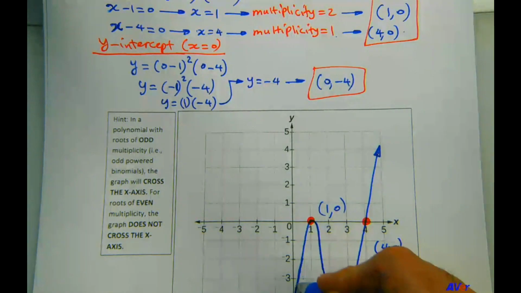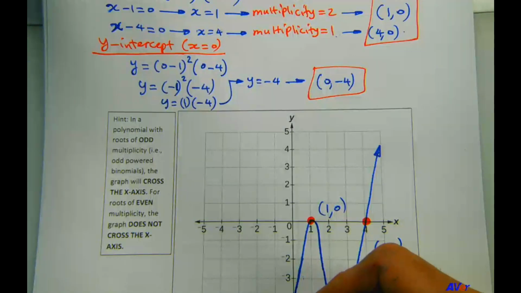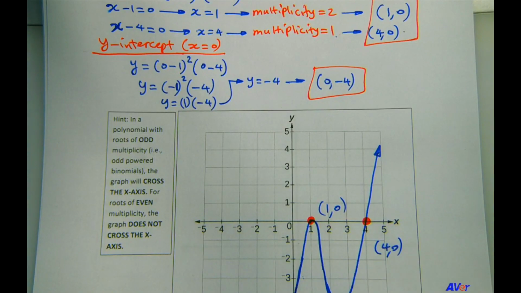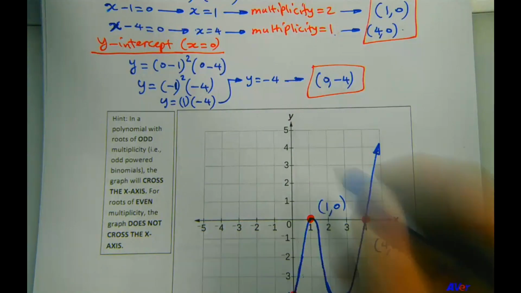Here, we don't know what happens, right? It could curve back up like this. Again, that's the subject of calculus 1. Or it's going to go through all the way like that. So I'm going to basically do that to it. Okay, because we don't know if it's going to continue this way or curve like that. We don't know. But that's basically the general graph.